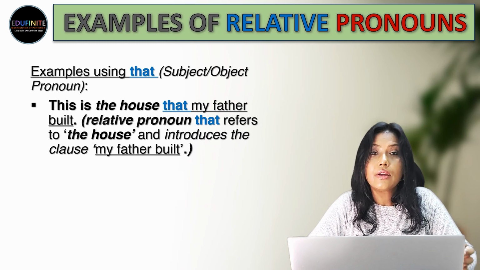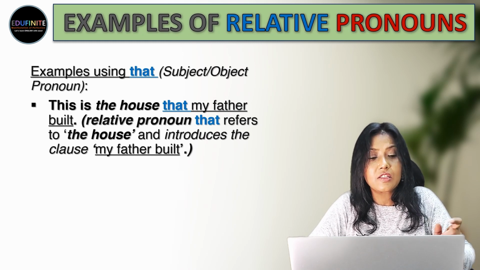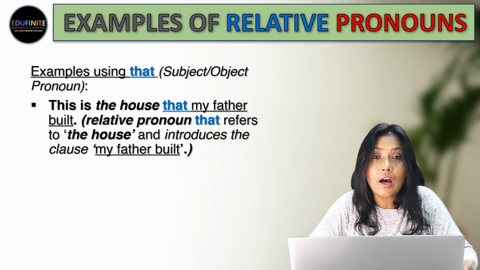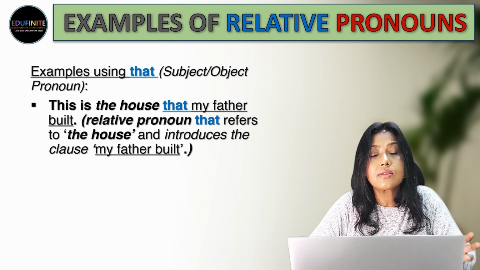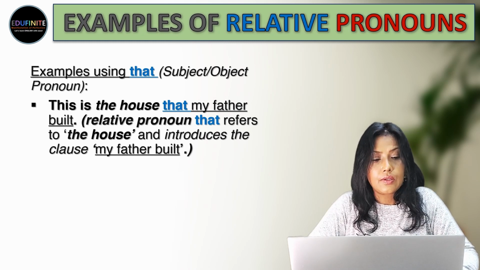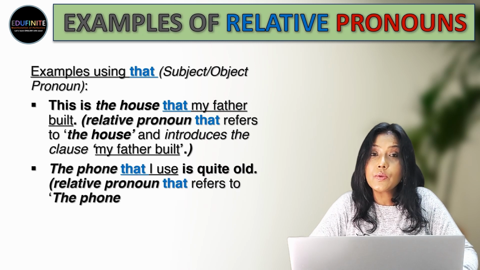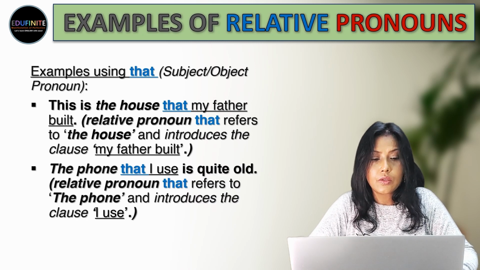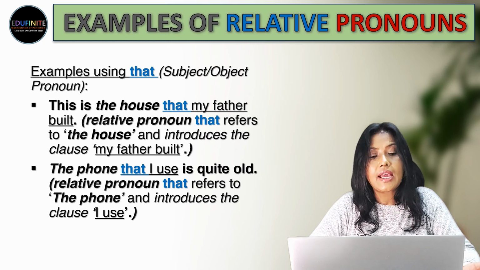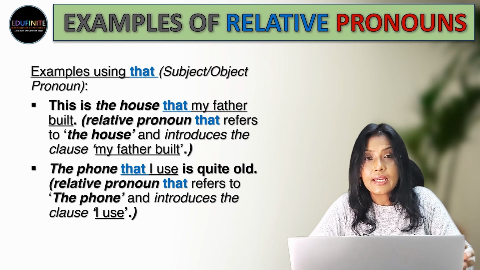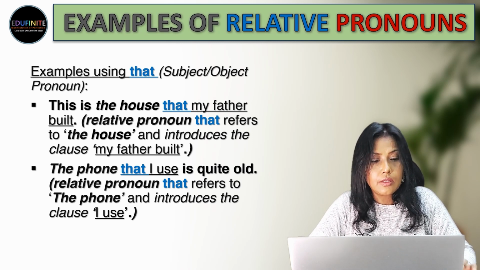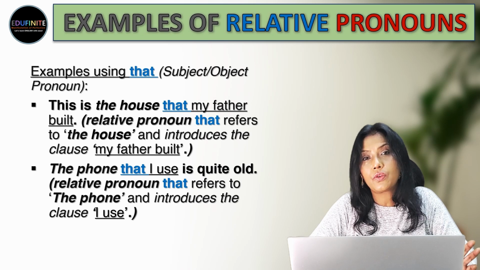Now that relative pronoun over here is telling us more about the noun the house. Which house? The house that my father built. So next we have the phone that I use is quite old. So here, as I told you earlier, the phone which I use is quite old. It can be replaced by that because that I use is a restrictive clause. So that is always used for restrictive clause.